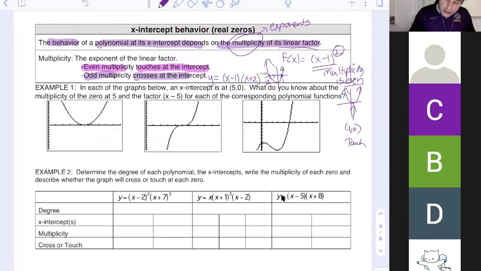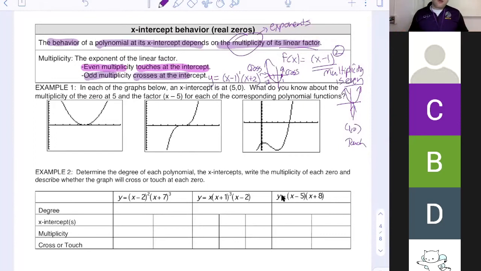We say it crosses at the x-axis, and it has odd multiplicity because, believe it or not, those factors are raised to the first power.